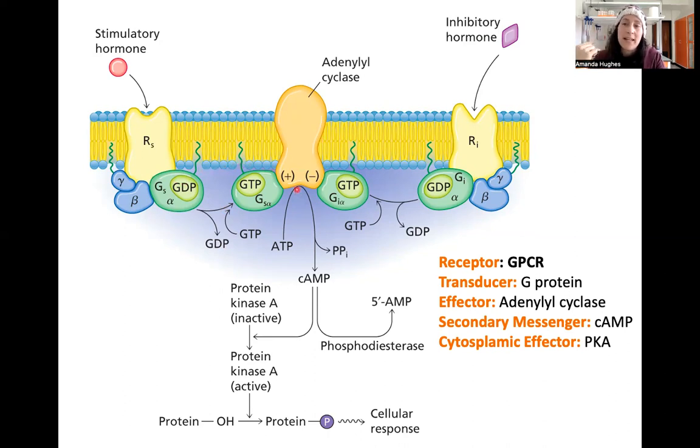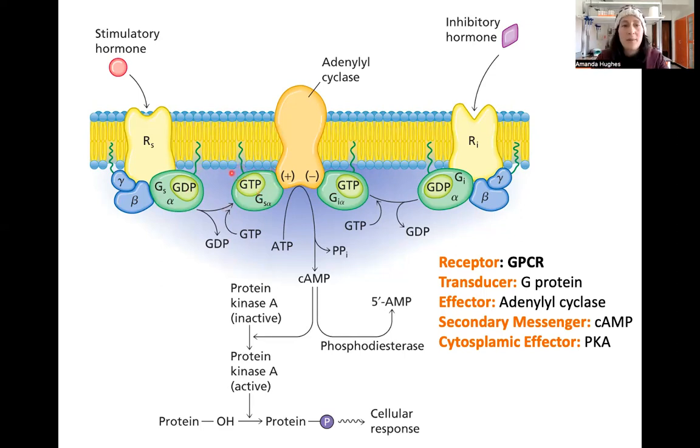And when you're going to make cyclic AMP as your secondary messenger, adenylyl cyclase is your effector enzyme. So again, ligand binds receptor, conformational change happens. It releases the G protein complex, the transducer, from the receptor. GDP is released and GTP binds, which activates that transducer subunit.